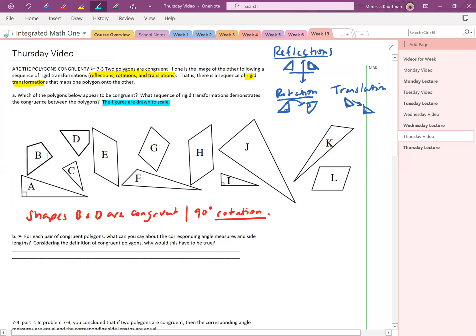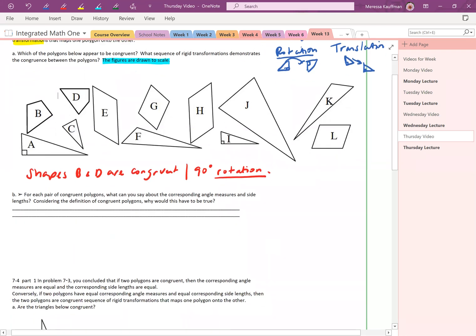So in your following activity, you're going to decide which other of these shapes are congruent. And then you're going to say the sequence of transformations that made those congruent. It also asks you, for each pair of congruent polygons, what can you say about the corresponding angle measures and side lengths?